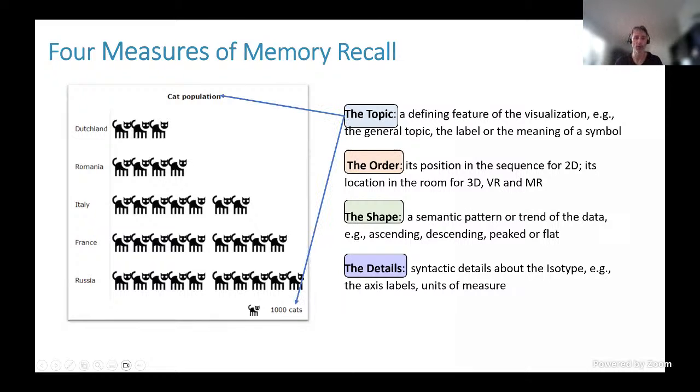The topic, which is the semantic of the visualization. The shape is about whether the data is descending, ascending, is there a peak, is it flat? Details could be any value that the user can remember. And the order is where the visualizations were placed on the wall or the order in the 2D visualization.